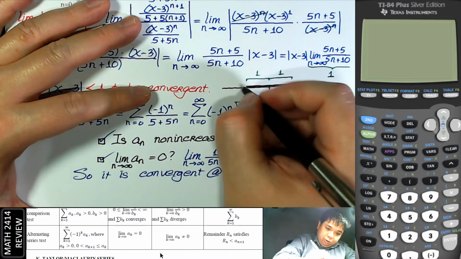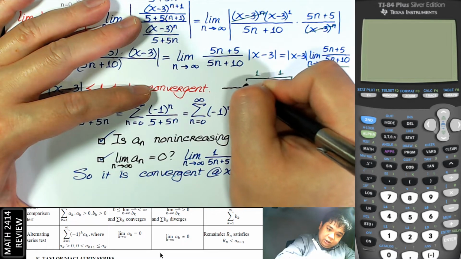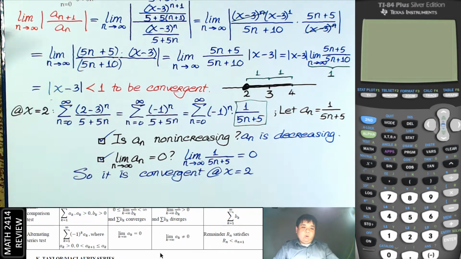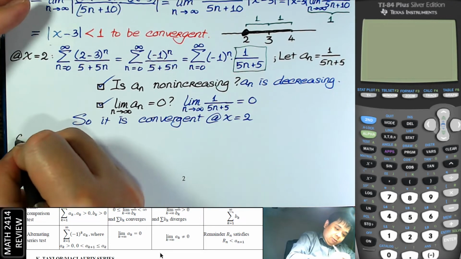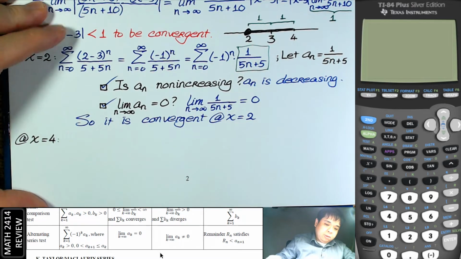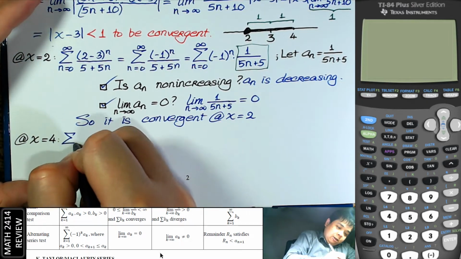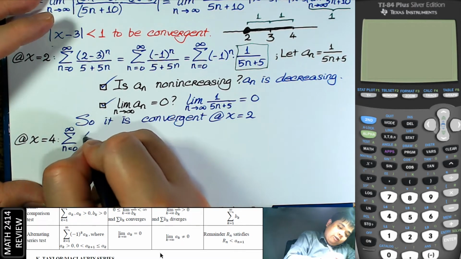Right, so it is convergent at 2 as well. Now we're going to test for 4. I'll put 4 in for x.